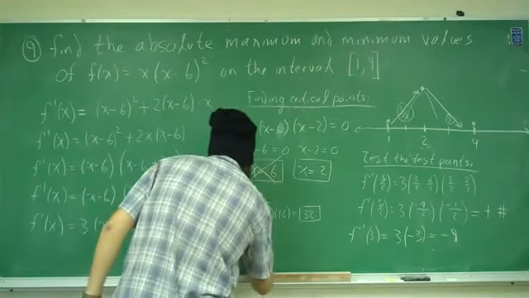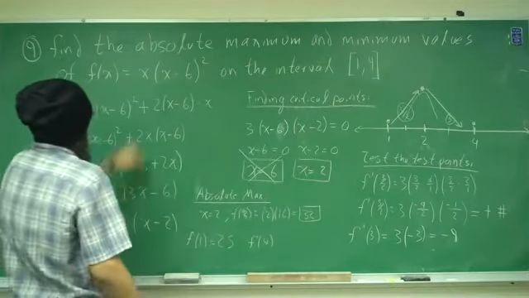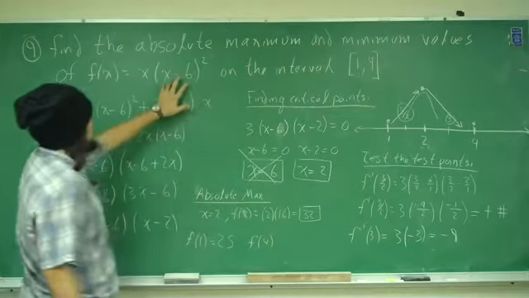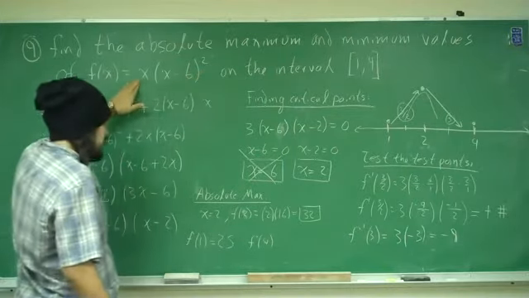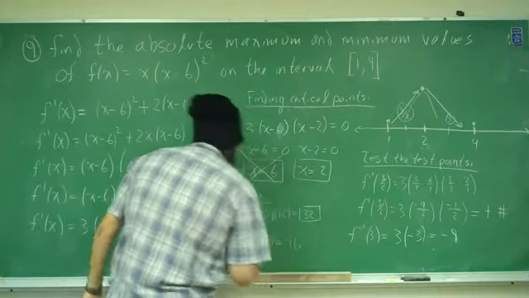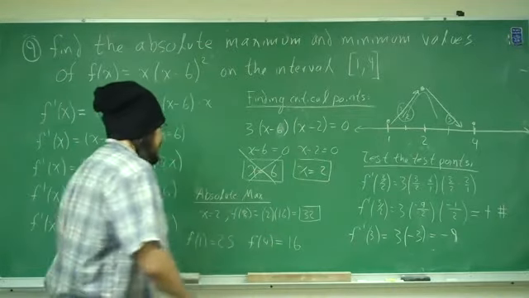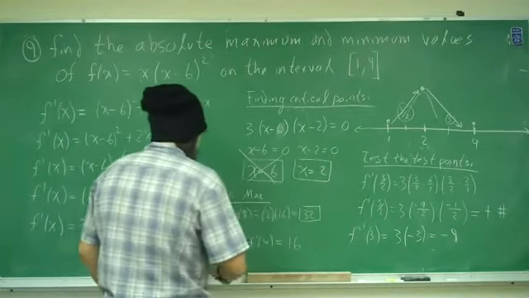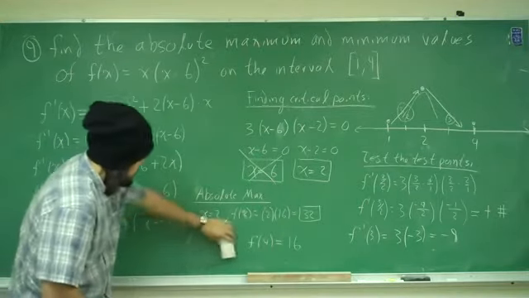Okay, now what's f of 4? F of 4 is 4 times, as well, we have 4 minus 6, that's minus 2, squared, that's 4, and then 4 times 4 is 16. Okay, so which one is the lowest one? 16 is the lowest one. So therefore, f of 1 is 25, therefore it's not the min.